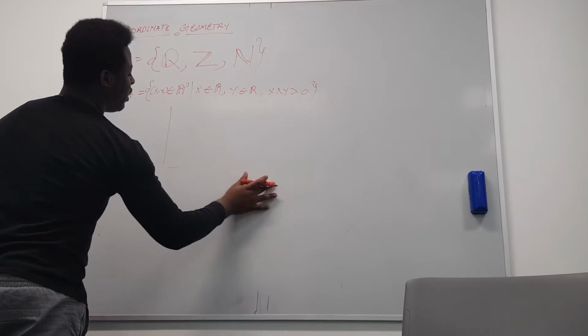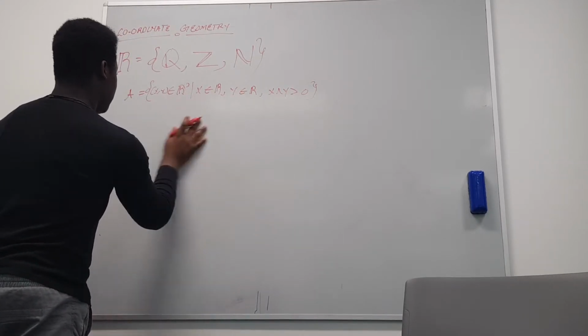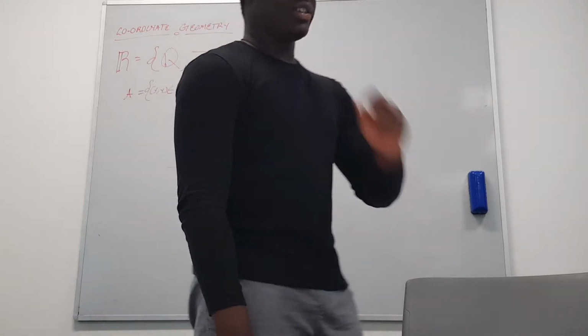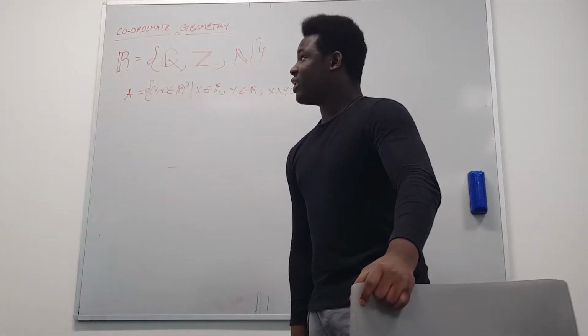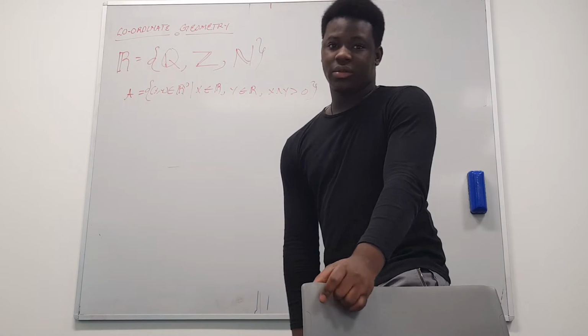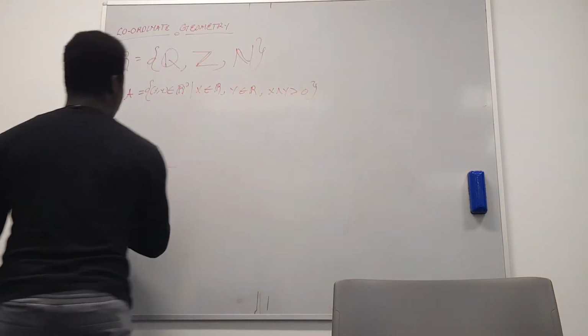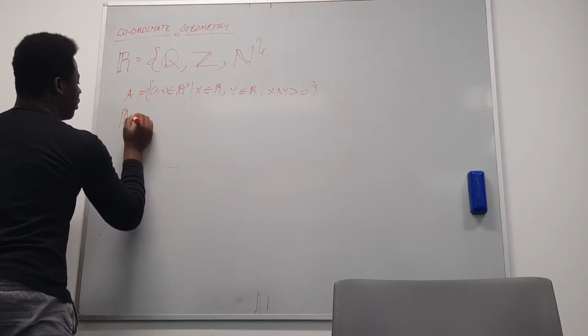Let me give you a feeling of what R squared is going to look like. R squared is too dense for me to do, because if I have to do 0, I have to go do 0.0. It's too dense, I can't do it. So I'm going to be using natural numbers, for example.